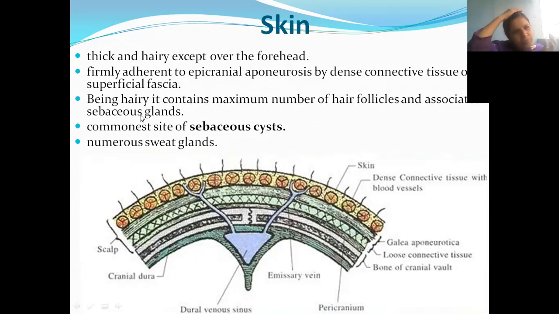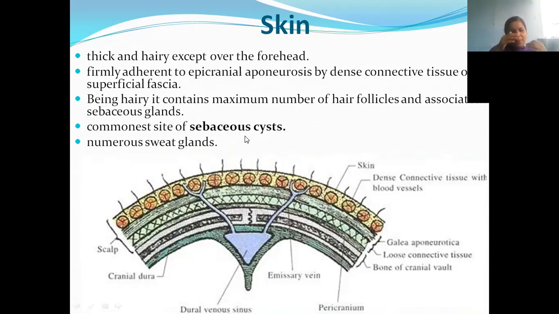Though we take a head bath, within 1 or 2 days our hair becomes very oily. Why is it so? Because in the scalp we have a lot of oil glands which are called sebaceous glands. These sebaceous glands are the sites for sebaceous cysts. If there is any infection in the sebaceous gland, you call it a sebaceous cyst.